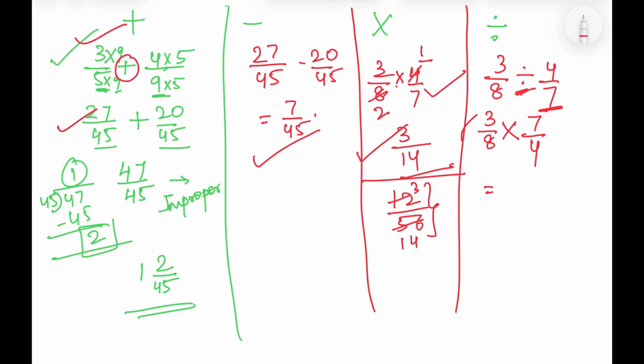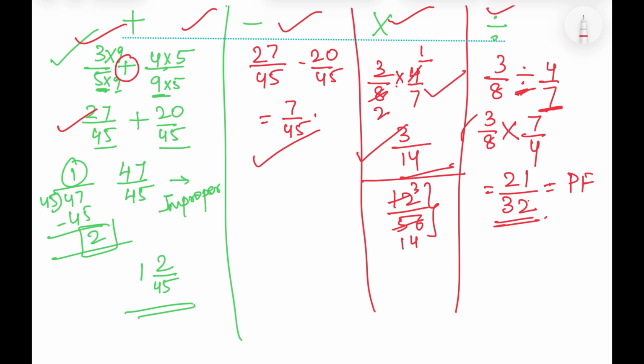Now try cancelling anything. Is it possible? I don't think so. So we'll just multiply, 21 upon 32, right? So this is again a proper fraction, so we can keep it as it is. So we performed all the arithmetic calculations with fractions here.